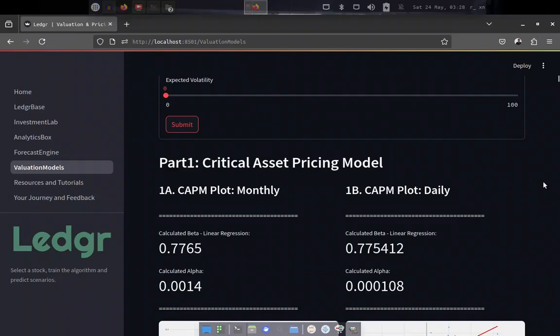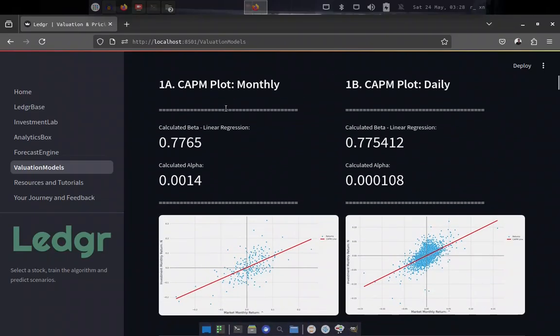On the left is a graph which summarizes the calculated alpha and the calculated beta through linear regression methodologies, and plots it. Through that, we can see that if we count on a monthly basis, then this has definitely made progress of 0.14% growth every month.